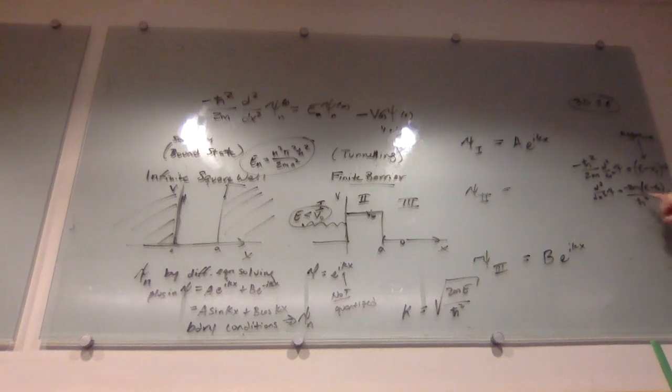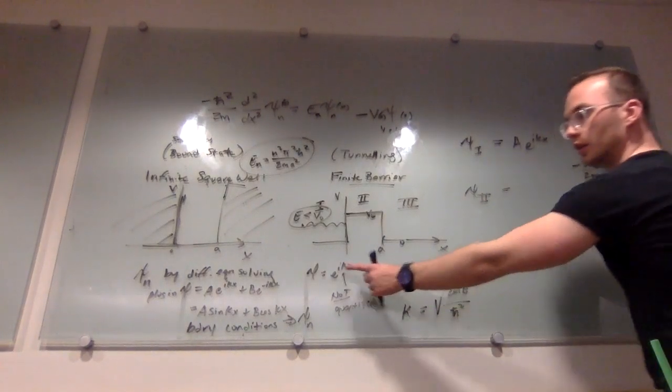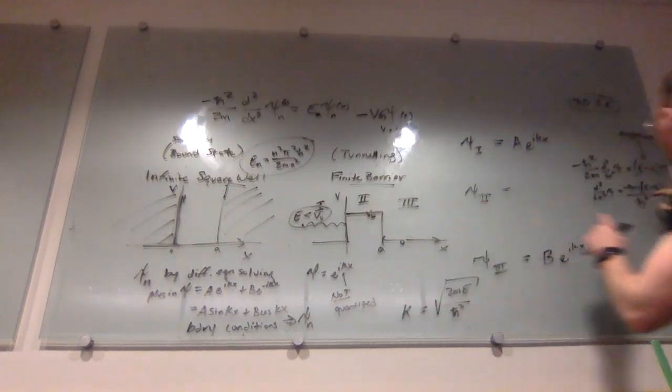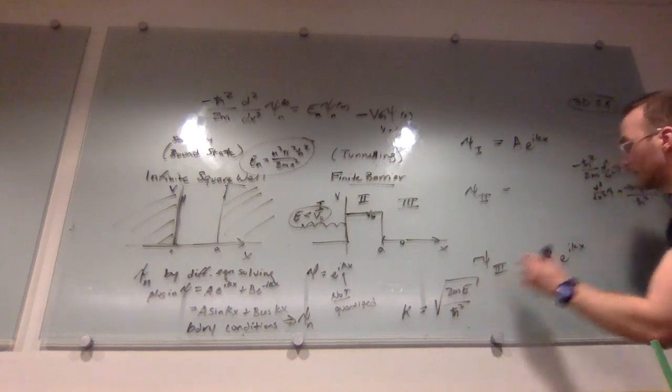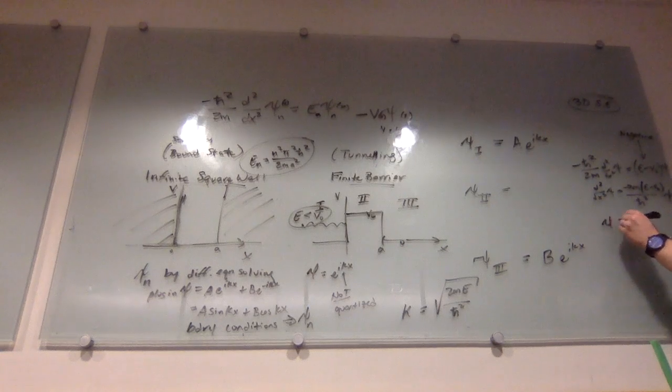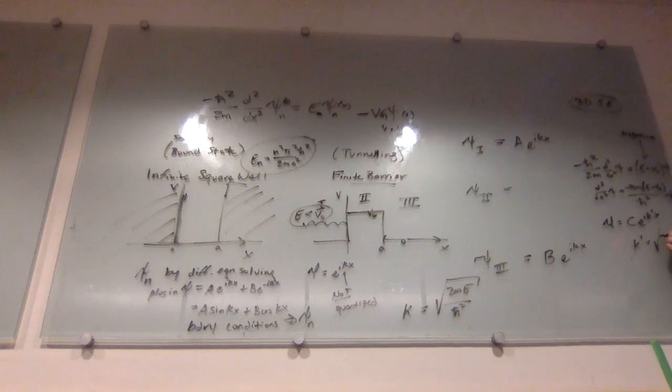Now this looks exactly like how we got this solution, except that instead of k being this, we have k prime. So literally the solution is C, a new variable, e to the i k prime x, because k prime is now this thing, which is 2m E minus V naught over h bar squared.